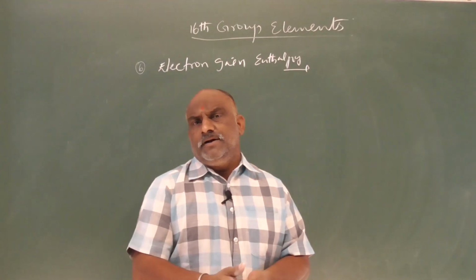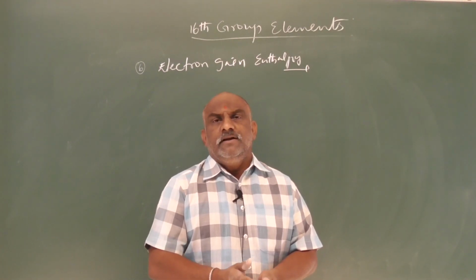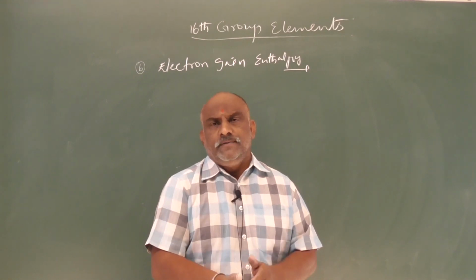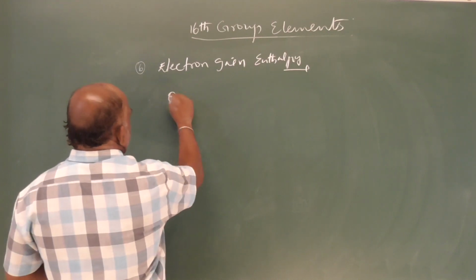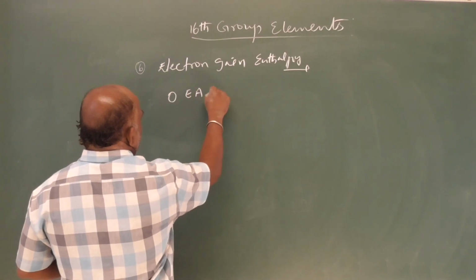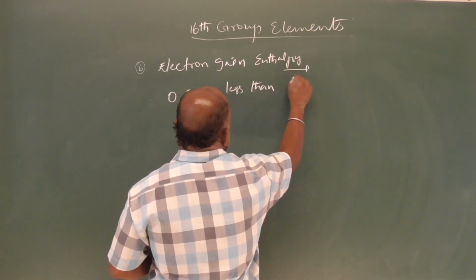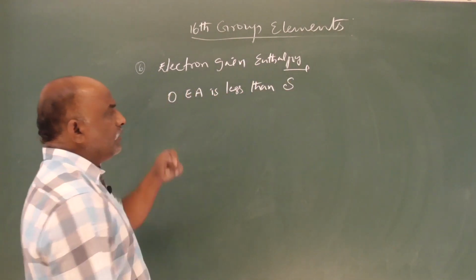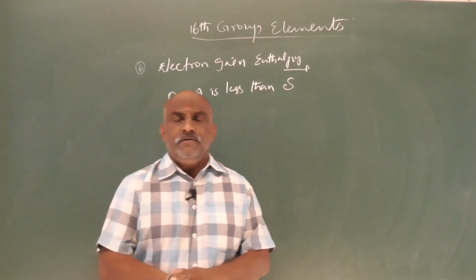We already know that in groups electron gain enthalpy decreases, and in periods it increases. So here, once you compare oxygen, its electron gain enthalpy is less than sulfur. Make a note, my dear students: oxygen electron gain enthalpy is less than sulfur.